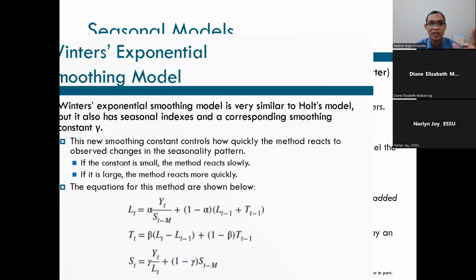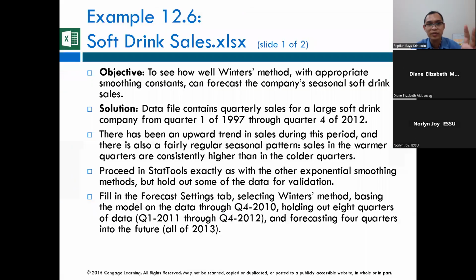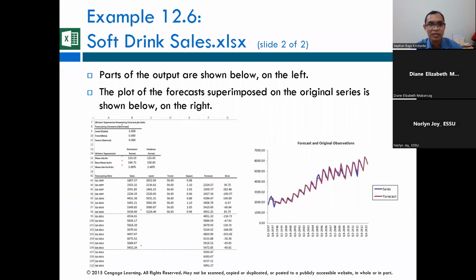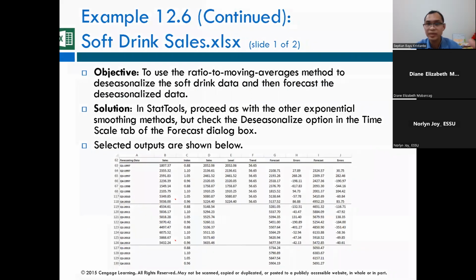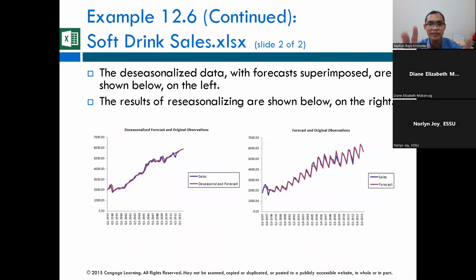So it could be in the Winters models or maybe in the calculations of data like this one, or using the ratio to moving average method. But it's a similar method to predict with linear regressions or the analysis like this one.